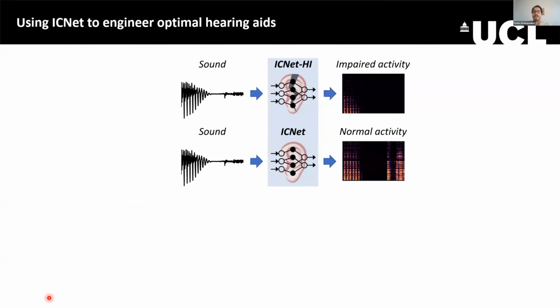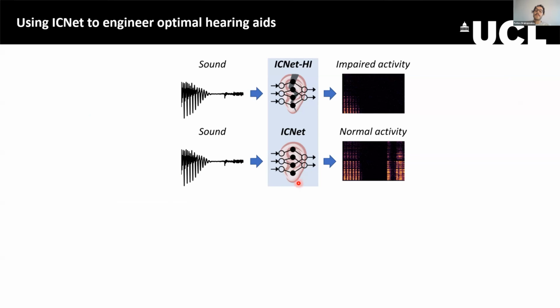So now I'll go into more detail about all these enhancement models, and how models like ICNet and deep neural network models of the auditory system can be used to improve hearing technology and engineer better hearing aids. So the idea here is simple. This has been my main research focus for the last few years.